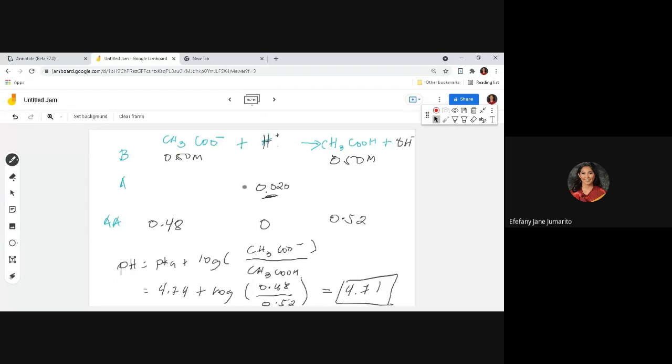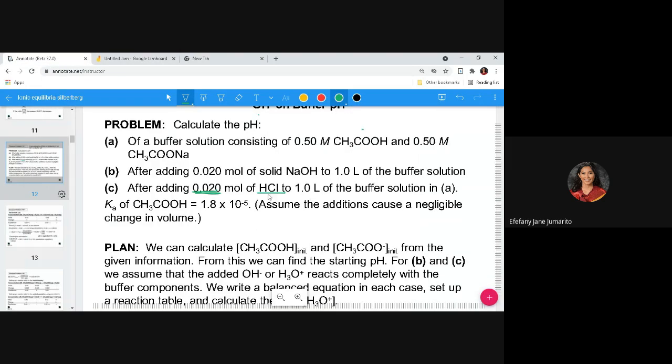Now, class, if you don't want to create this table, before you add something, then you add, then after addition, what happened? If you are given an acid, when you add an acid, where will it react? It reacts with your base.